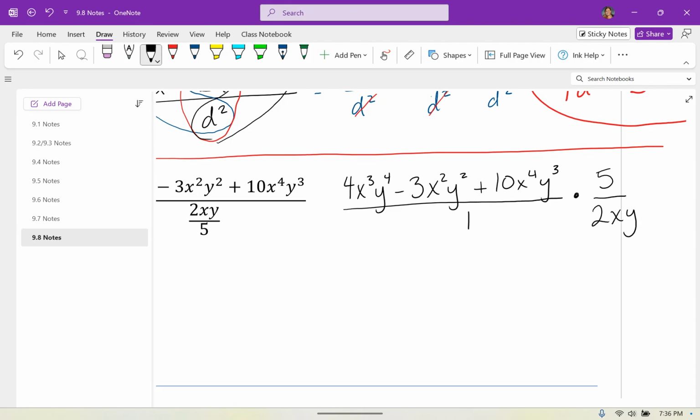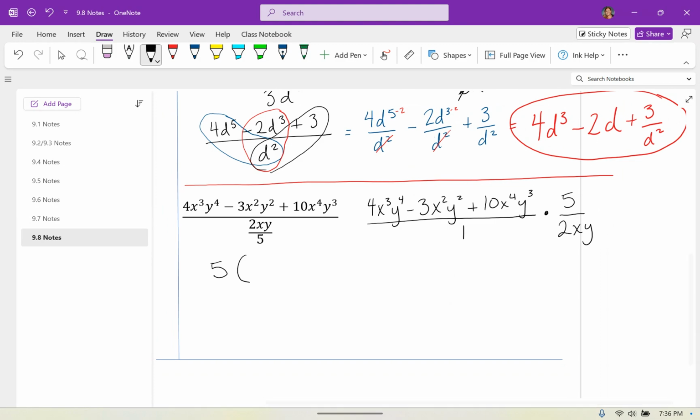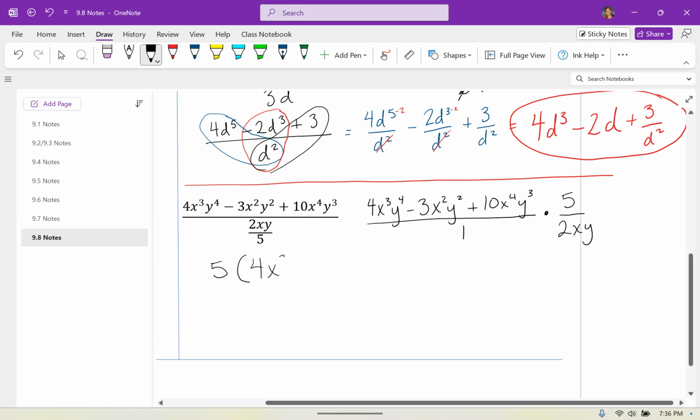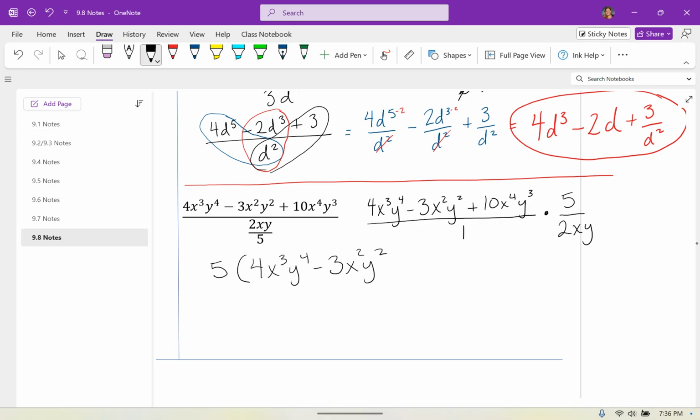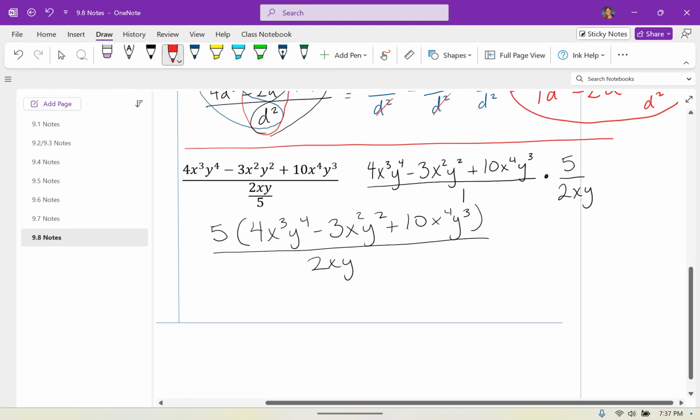Okay, so here's what I'm going to do. I'm going to rewrite this so that it's 5 times this whole thing, 4x cubed y to the fourth minus 3x squared y squared plus 10x to the fourth y cubed, all over 2xy. Okay, so let's go ahead and distribute the 5 to these numbers.